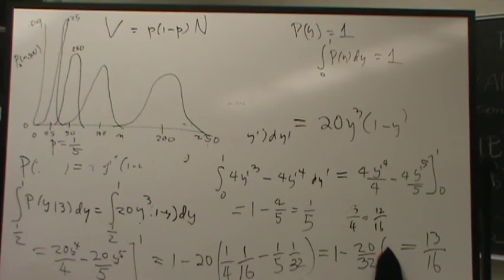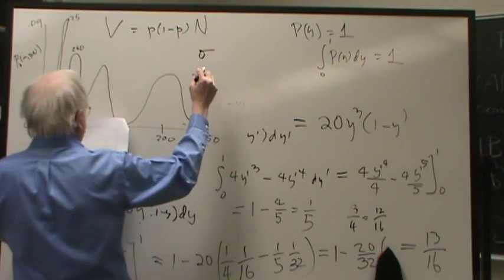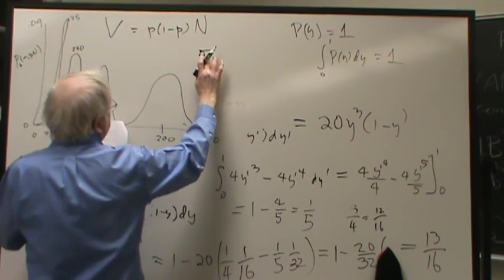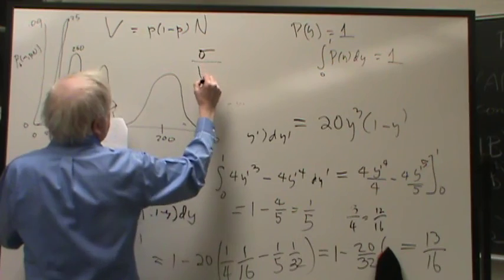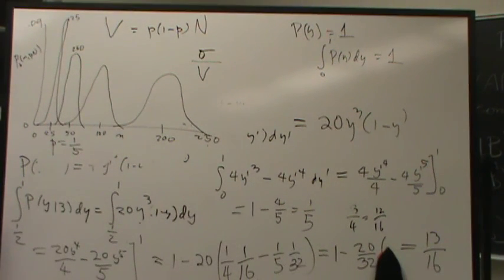What does decrease, of course, is the standard deviation. Well, let's just write it as sigma, the square root of the variance. So in other words, sigma is sort of the uncertainty.